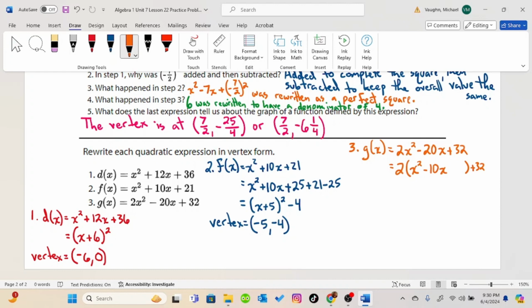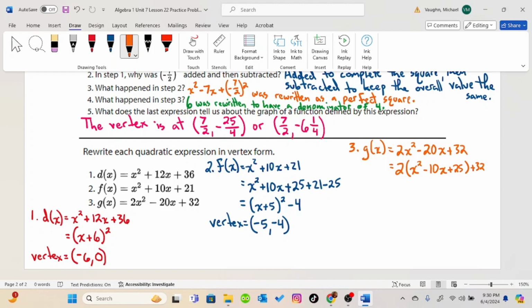Now, I'm going to take this negative 10 and I'm going to divide it by 2. So that's negative 5. And then I'm going to square it, and negative 5 times negative 5 is plus 25.